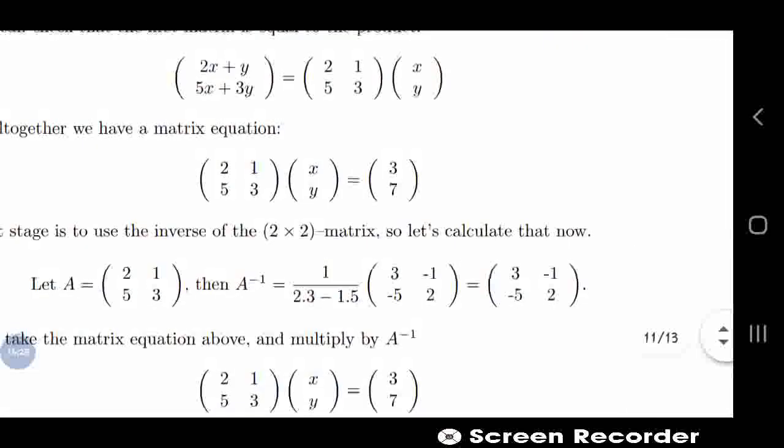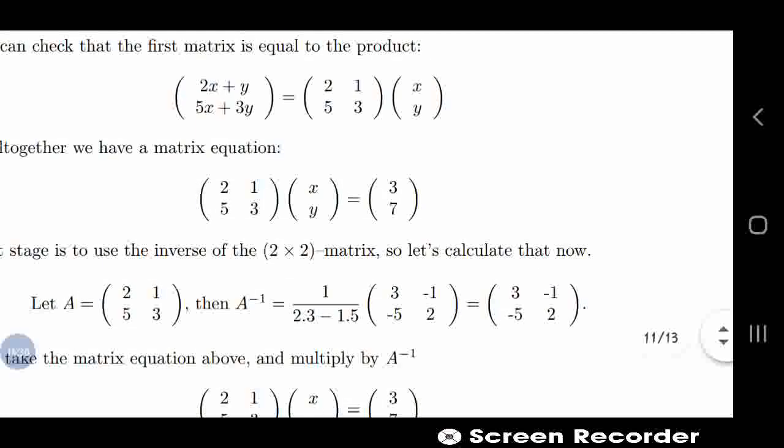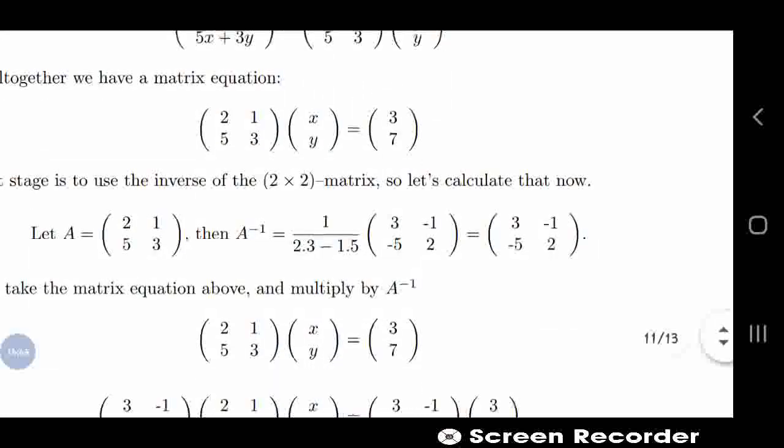You will get 2 comma 1, 5 comma 3, then x comma y, and 2x plus y you will get, and 5x plus 3y you will get, equal to minus 3 and 7. Next 2 comma 1, 5 comma 3, then A minus 1 if you take.